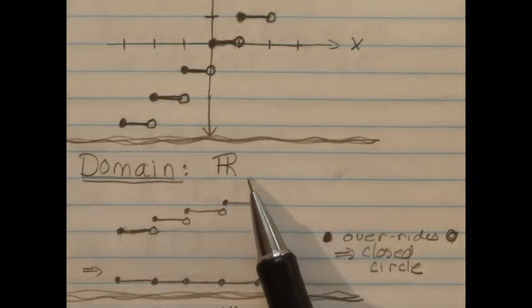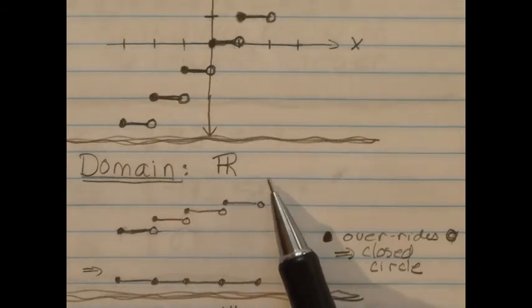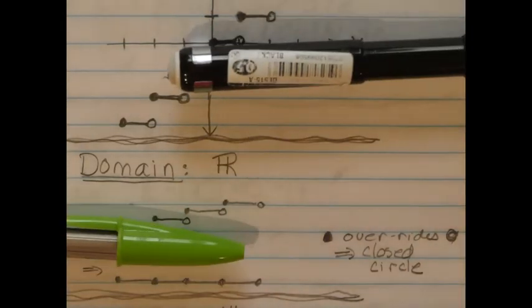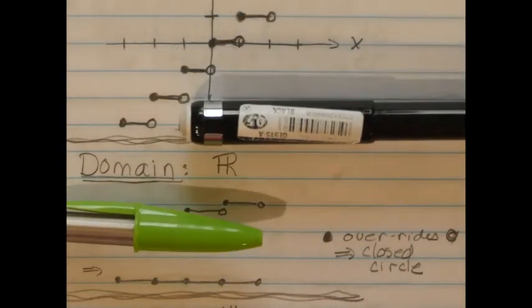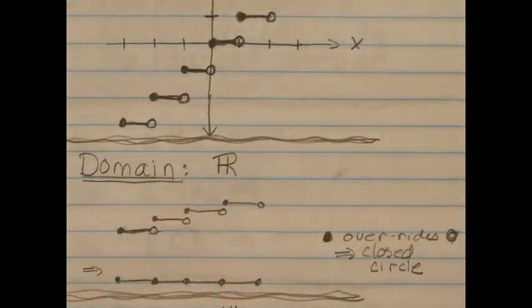And so this is the reason why our domain is the set of all real numbers. Take all of your segments and collapse them into one, and you will see that they form a straight line of which all the open circles are filled in.